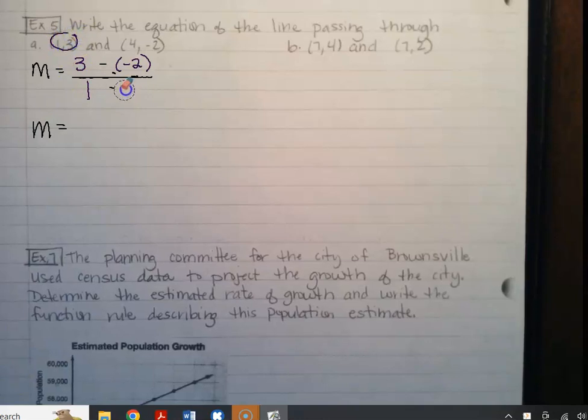All right, and then what's our x2 then? 4. All right, so what is 3 minus -2 equal? 5, because it's the same thing as plus a positive. So we've got 5 over, what's 1 minus 4? -3. So there's my slope.